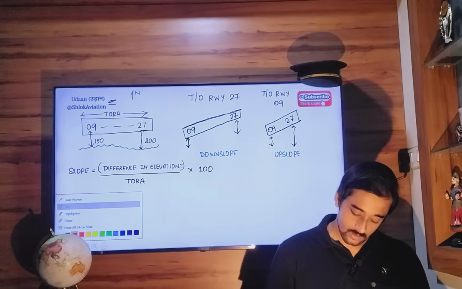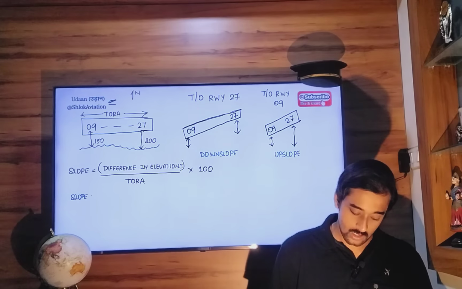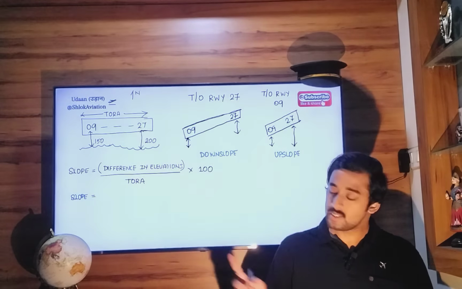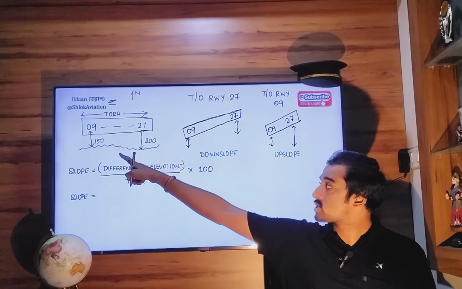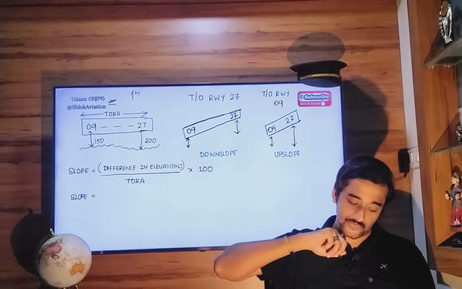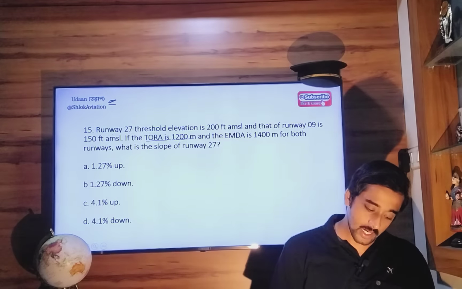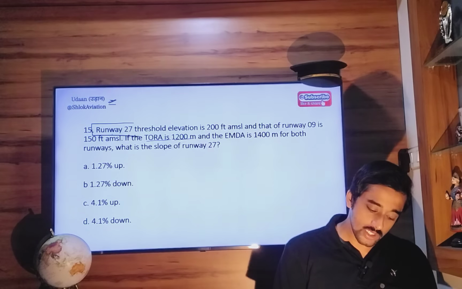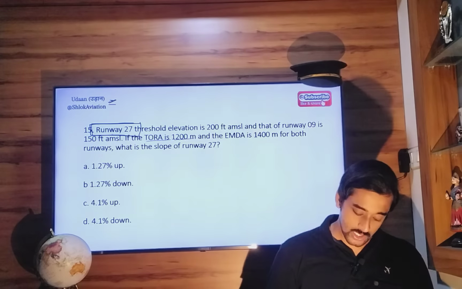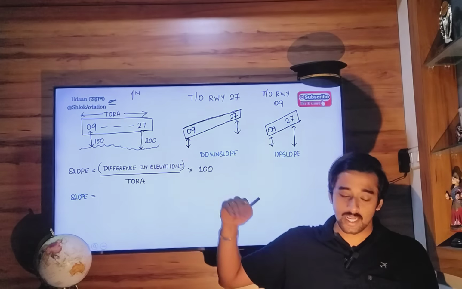Now, slope will be equal to, what is the difference in elevations? 200 minus 150, 150 minus 200. Since you are taking off from runway 27, pay attention, you will experience a down slope, a negative slope.